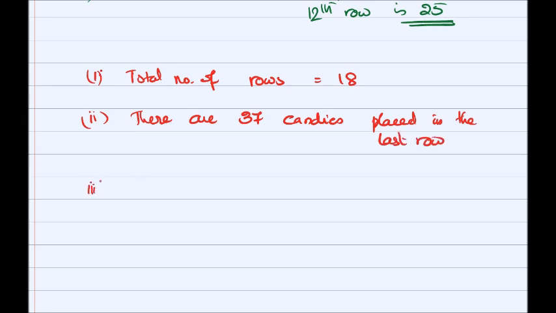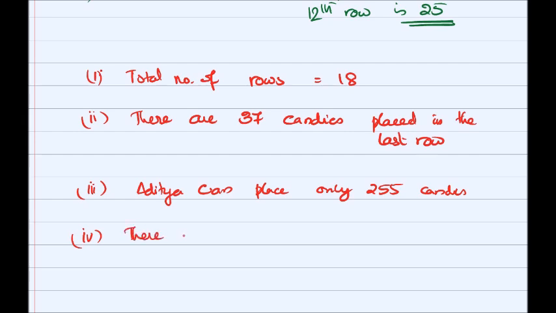And for the third question, Aditya can place only 255 candies. And in the fourth question the answer is, there are 25 candies in the 12th row.